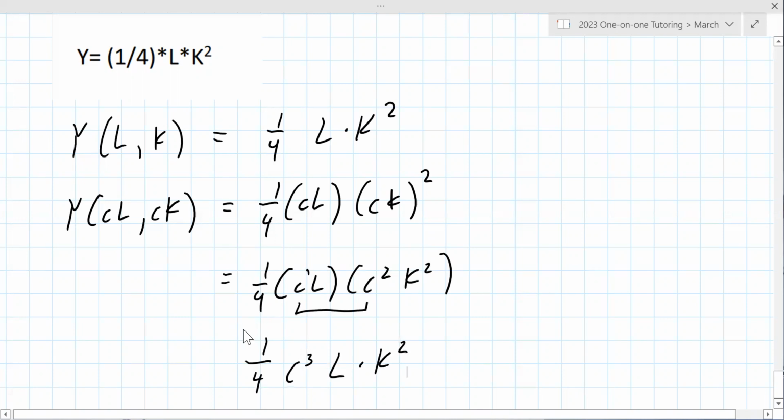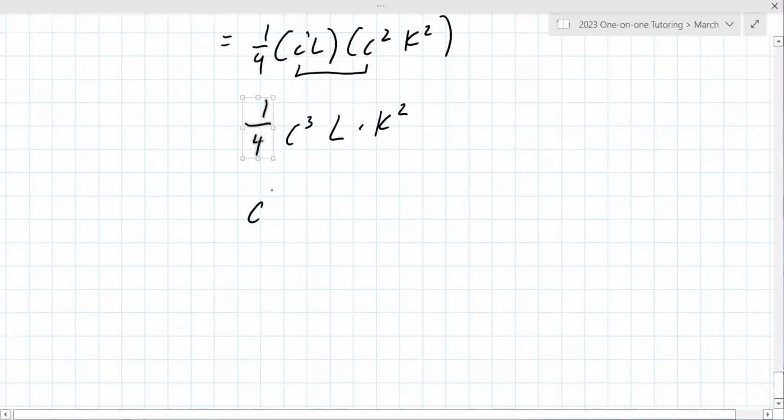You don't need the parentheses because you're not factoring out this time. If you rewrite it with the 1/4, you're always trying to get back to your original Y and see what is on the outside.